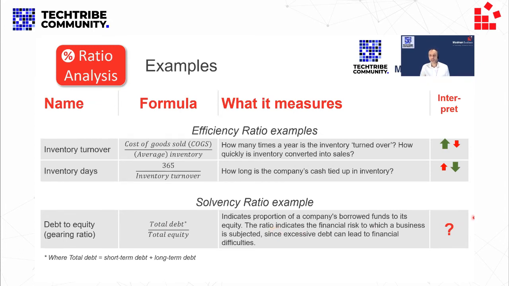So here it's not so easy to interpret if that goes up or down, whether it's good or bad. It depends on where the company is in terms of that at a specific point in time, and also the type of business that the company is in. Does the company have a lot of certainty about the income going forward or not?